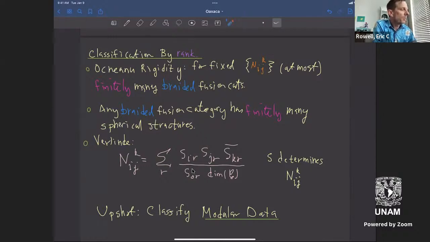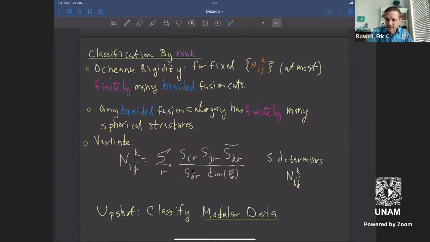Now, fortunately, these fusion rules you can extract from your S matrix. So the S matrix, this weird complex matrix that we got by taking traces of things, actually determines the fusion rules by the Verlinde formula.